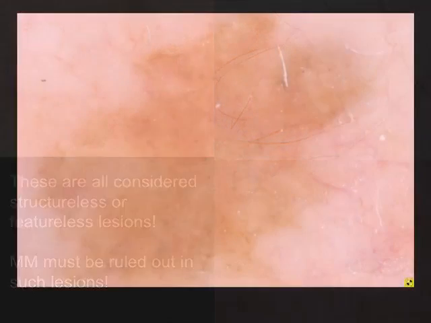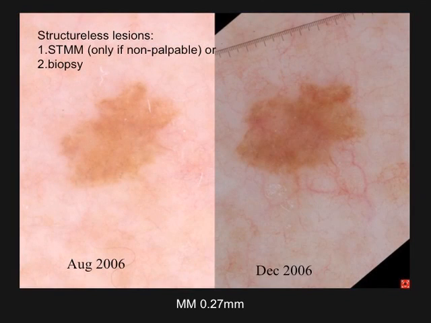And in this case here, tan lesion, it's non-palpable, and you have to be thinking melanoma. And your options in terms of what to do for this, as long as it's non-palpable, right, so it's not a raised lesion, then your option is short-term mole monitoring. And if you don't have the ability to short-term mole monitor, then the only thing you have is biopsy.